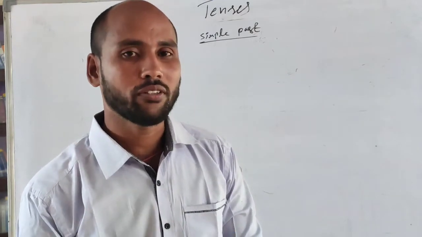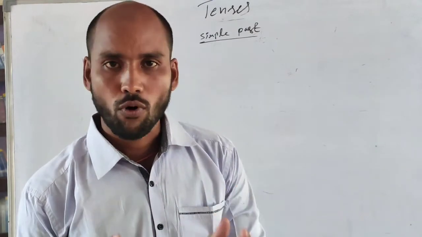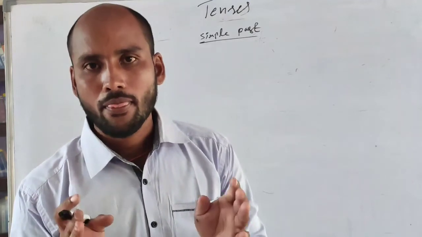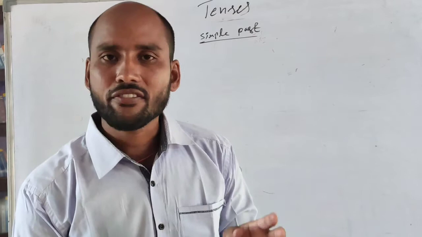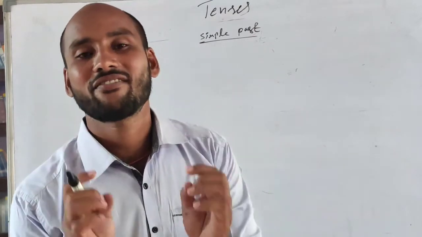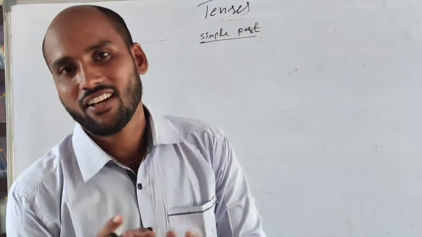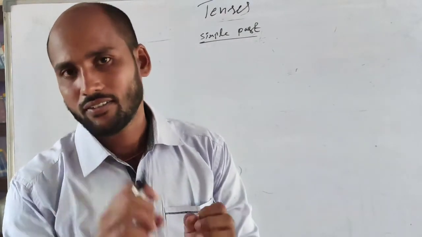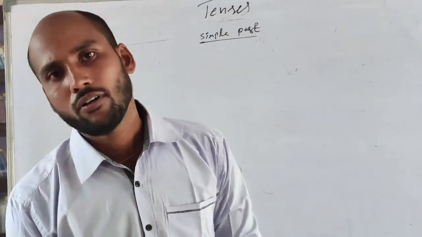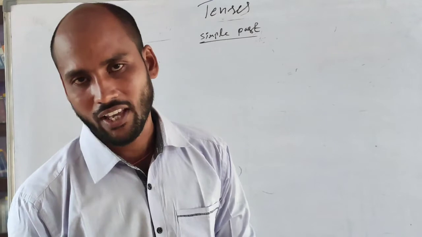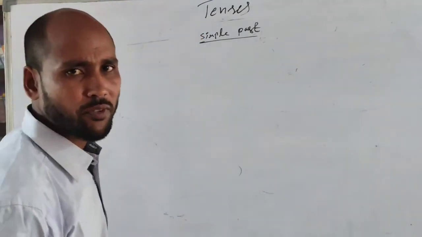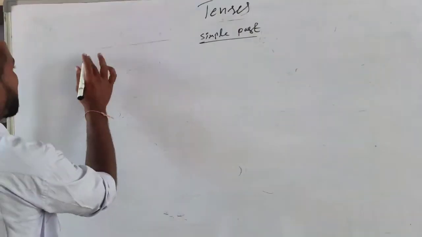I have already told you the identification parts play the main role. Why do they play the main role? We identify the sentence, and then we write the sentence errors and the right formation of the sentence. That's the cause we learn the identification words. First I give the definition of the simple past tense.